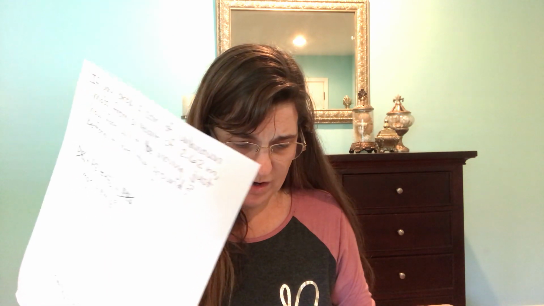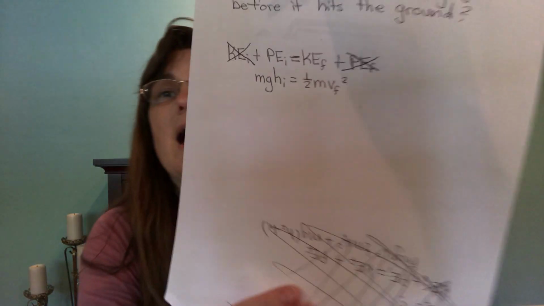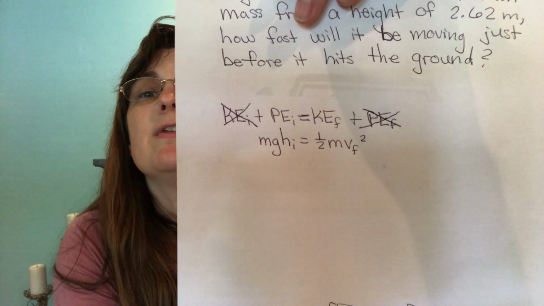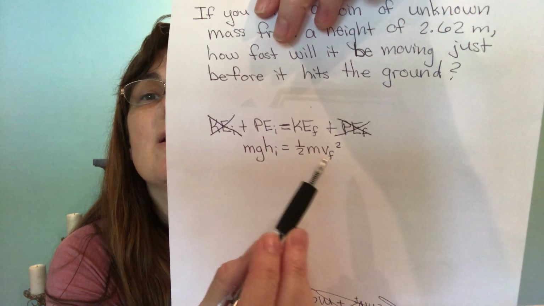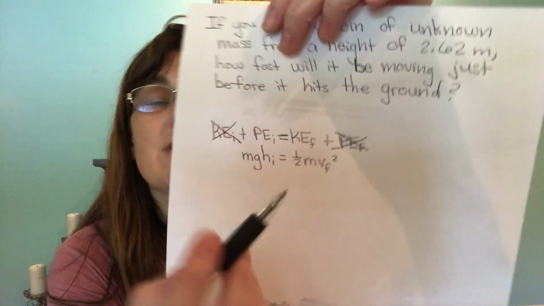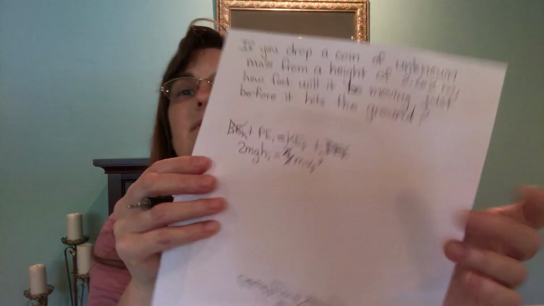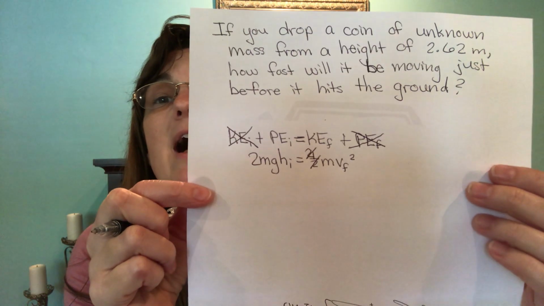Okay, now, since I want to solve for velocity, I just need to start moving things around till I get vf by itself. And so let's get rid of this fraction right away. So let's multiply everything by 2, like that. And then something really cool happens.